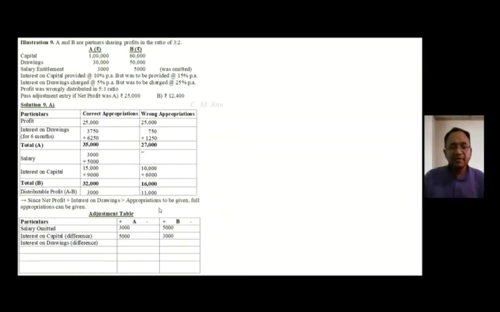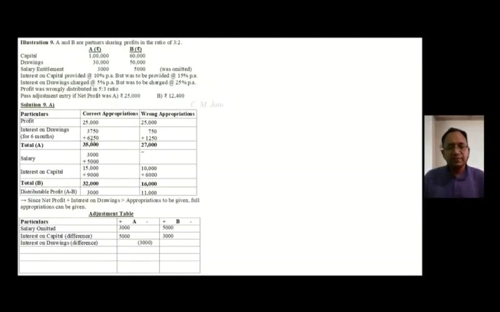And it is to be taken back because interest on drawing is taken from the partner. It is charged from the partner. So we will write it below minus and we will write the amount in brackets. Brackets will further highlight that this amount is to be taken back from the partner.